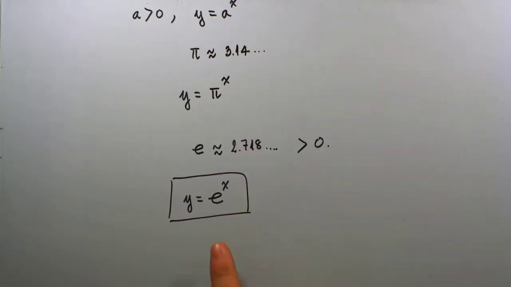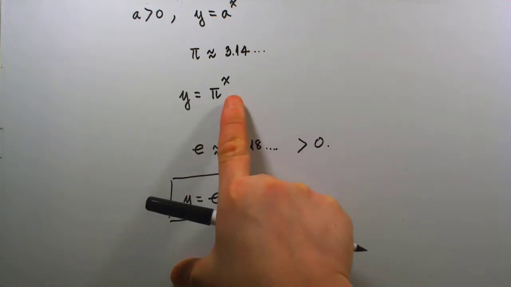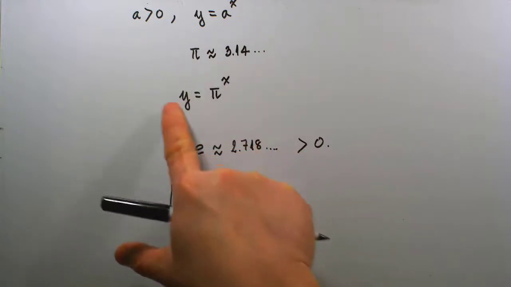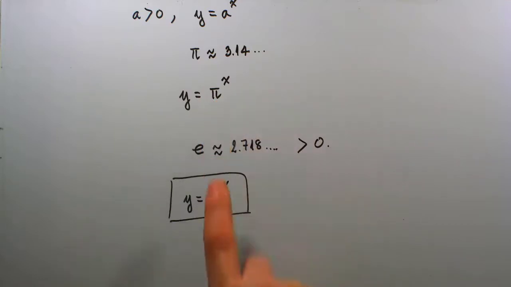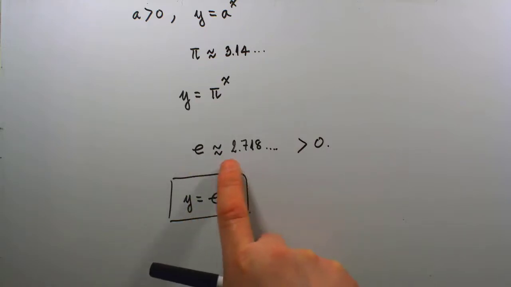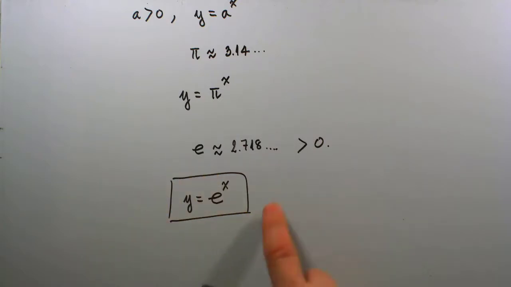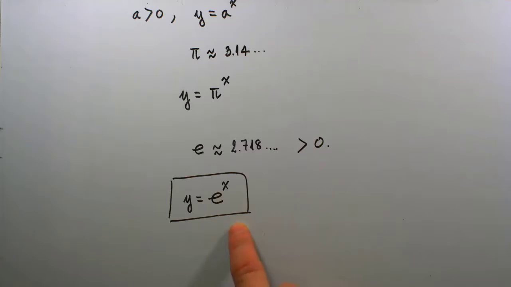Now y equals pi to the x is an exponential function, but it doesn't have too many applications, so not too many people worry about it. But e to the x, with this constant e being approximately 2.718, slightly above 2.5, has a large number of applications out there, especially for people working in the business field or the social and health sciences.